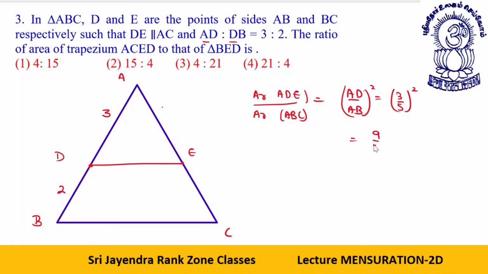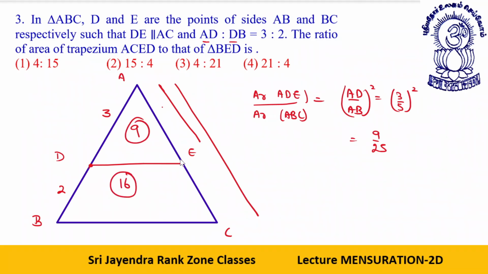So that is 9 upon 25. So this area is 9. If the area of this portion is 9, the area of the whole is 25. Therefore this portion is 16, getting it, 16 plus 9 is 25. Therefore, ACED upon BED.